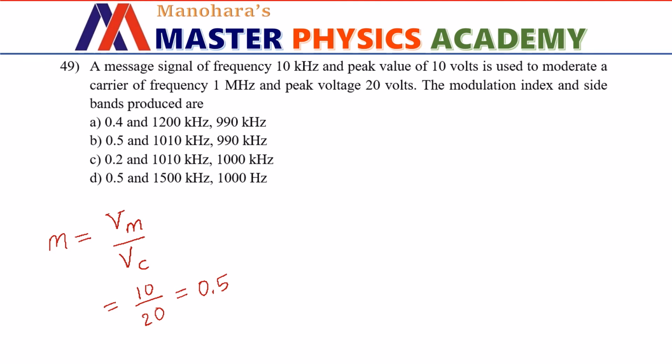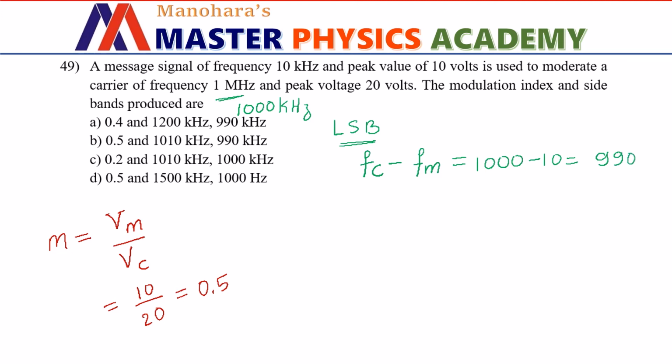Now the side bands. The lower side band is given by the formula frequency of carrier signal minus frequency of message signal. I will convert 1 megahertz into kilohertz, that is 1000 kilohertz. So lower sideband frequency will be equal to 1000 minus 10 equals 990 kilohertz.